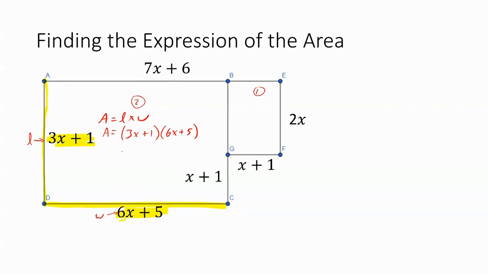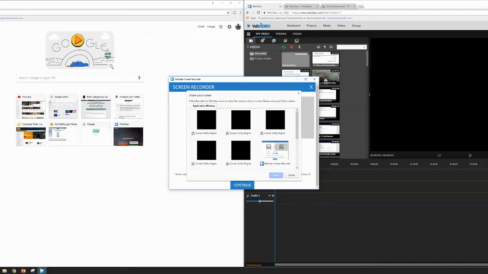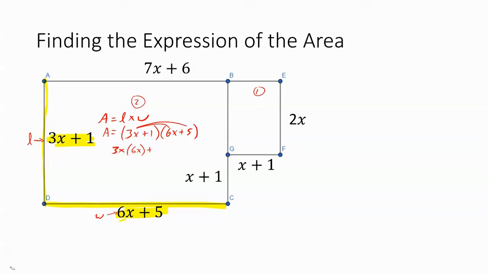So now we can go ahead and distribute. The 3x will multiply both terms in the other cell. So 3x times 6x, and the 3x times that 5.